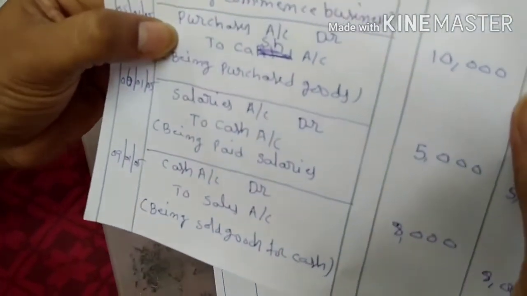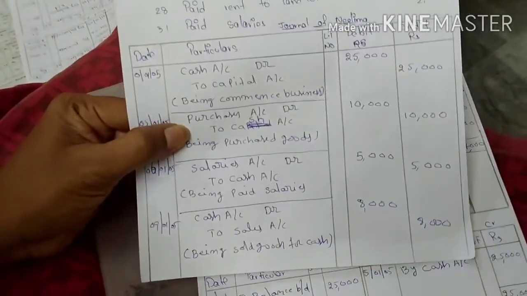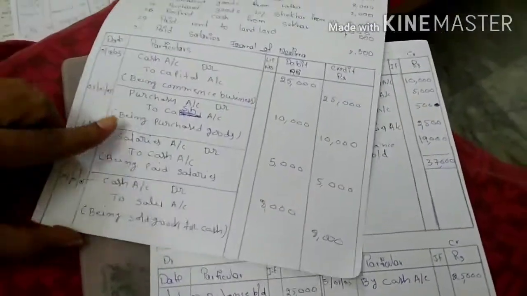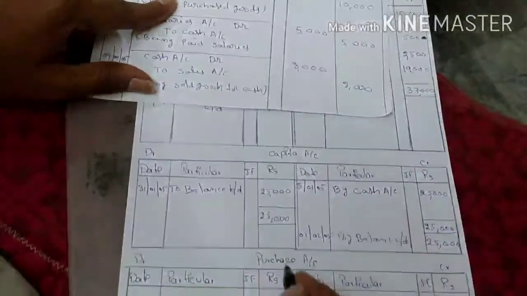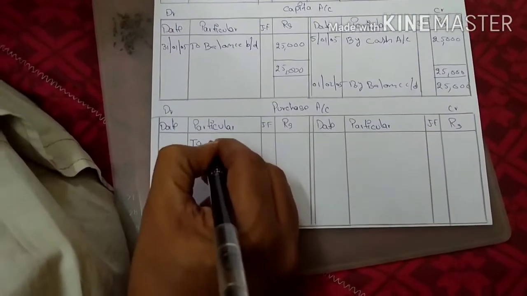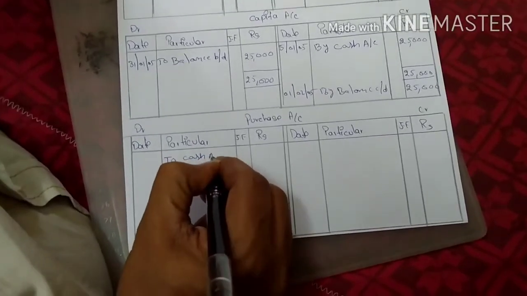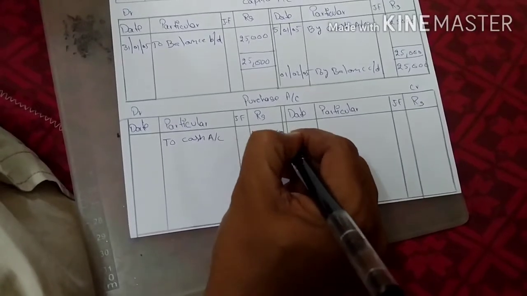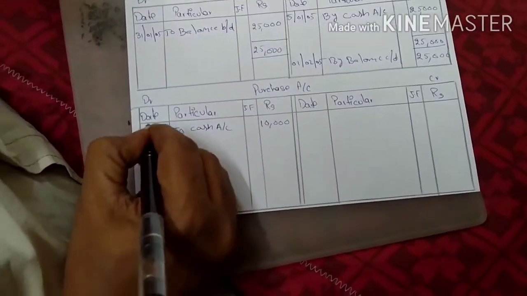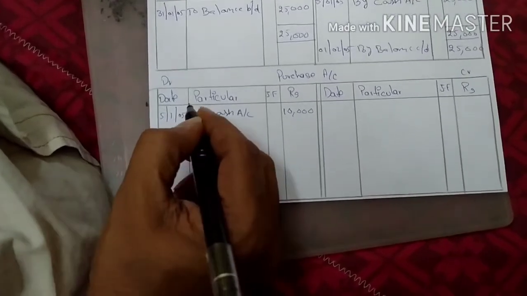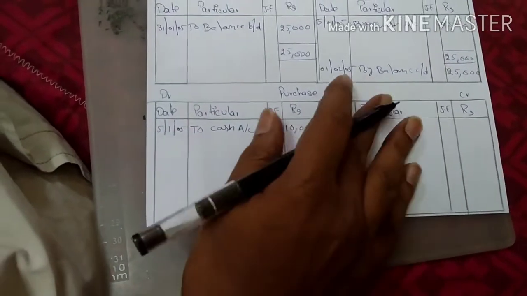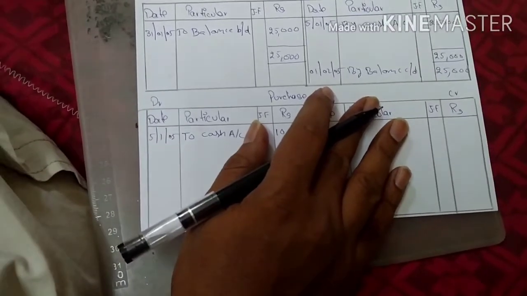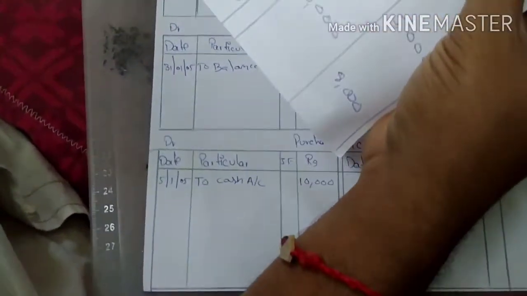Next, the purchases account needs to be prepared. So here, purchases account debit to cash account. So to cash account, how much? 10,000 rupees. Date here 5/1/2005. Next one, salaries account, cash, no purchases.